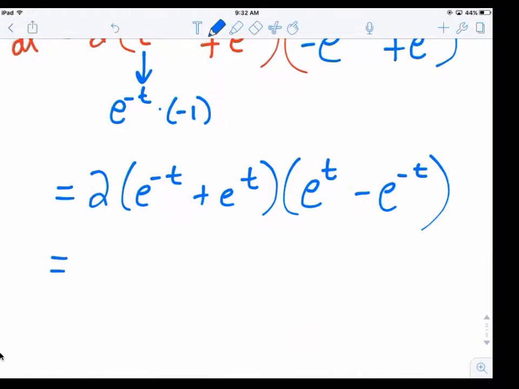So if you keep going, what you'll see is if you were to multiply these two factors together, right? You'll notice that if I do e to the negative t times e to the t, what do I get? E to the what? Right, good. E to the 0. And then e to the negative t times negative e to the negative t would be what?